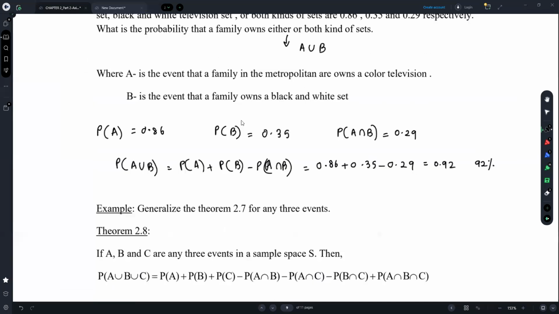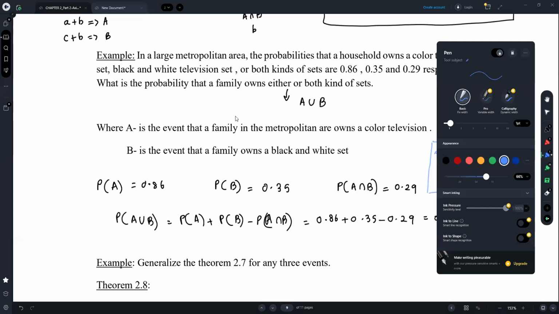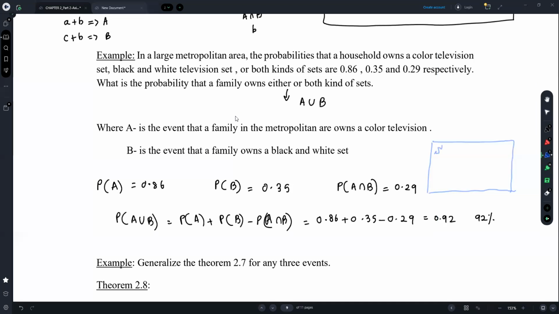Now, if you represent this in a Venn diagram, how do you do it? With the probability. Say A, the colored television set, B, the black and white.